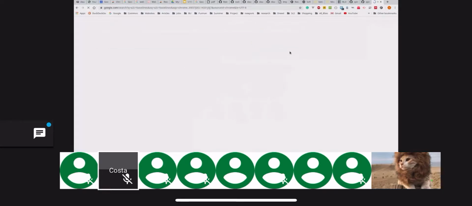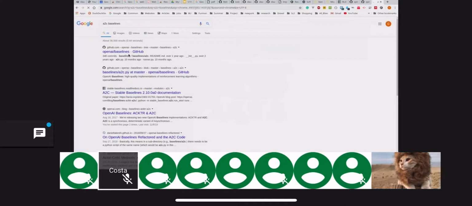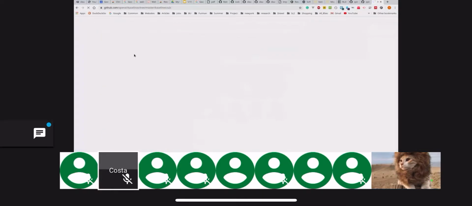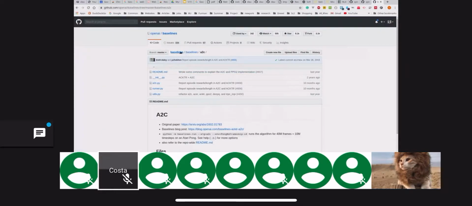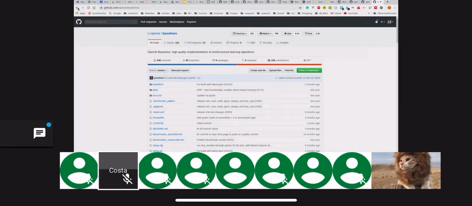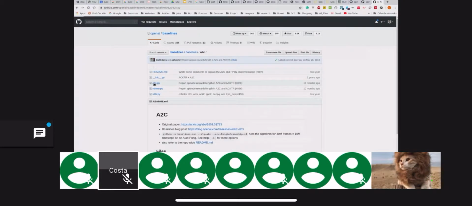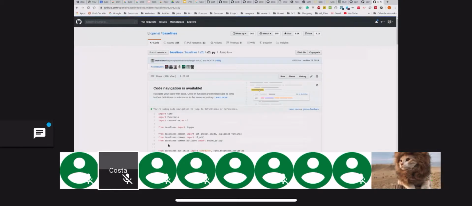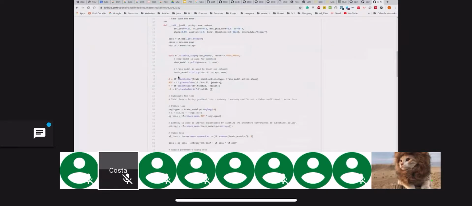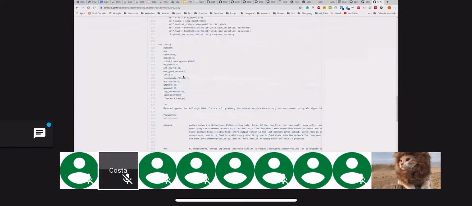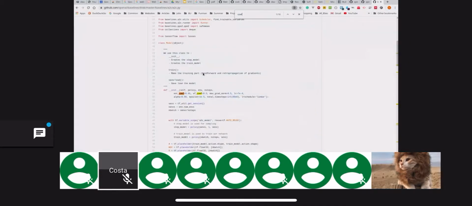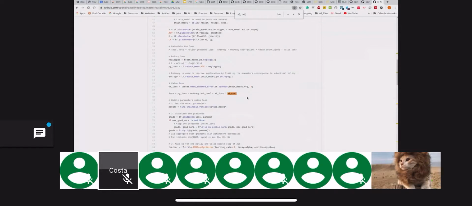So my comment on that is it wouldn't be much of a clipping. It would be more of a scaling because you're not cutting it off. You're scaling it down by using the coefficient, right? But you see here, this is the A2C, and they do exactly the same thing.